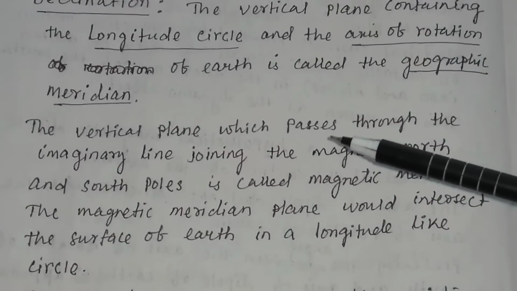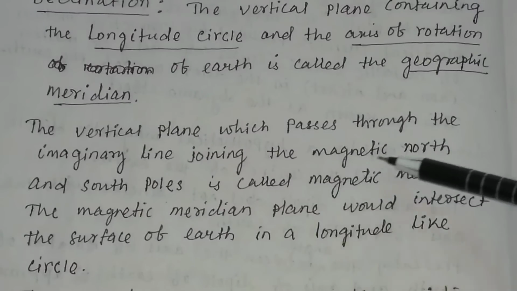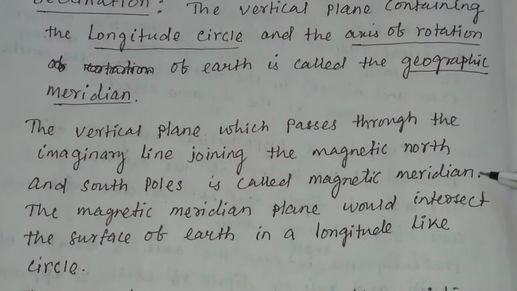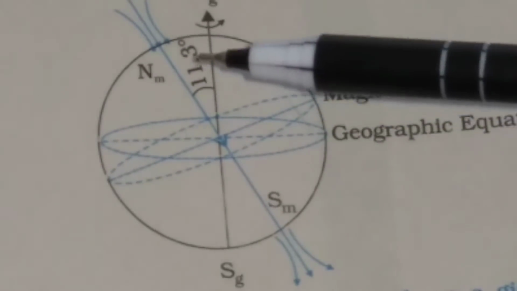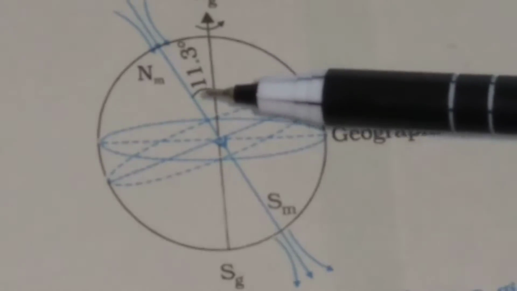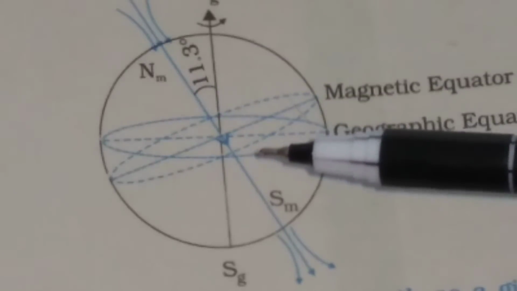And the vertical plane which passes through the imaginary line joining the magnetic north and south poles is called the magnetic meridian. You see in this figure, this is the imaginary line which passes through the magnetic north pole and magnetic south pole.